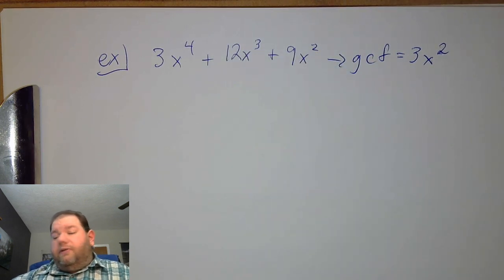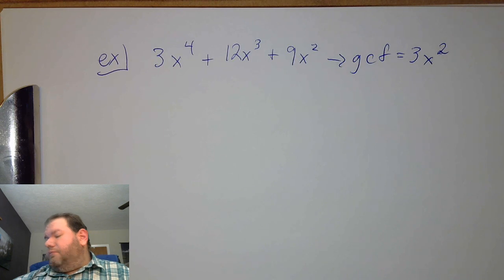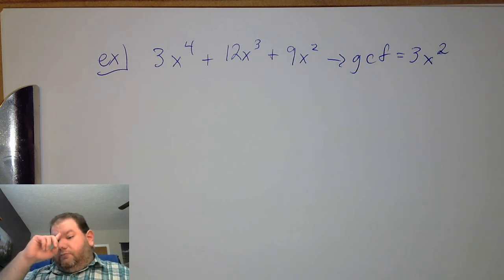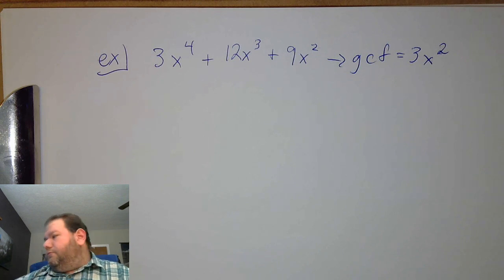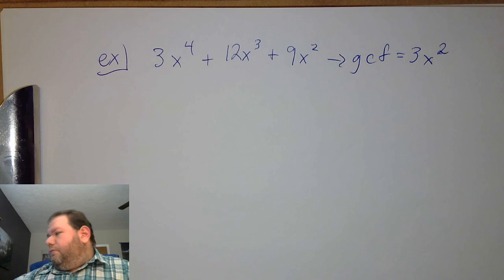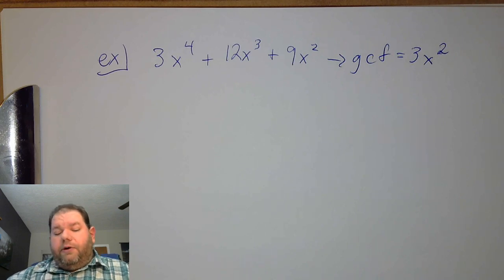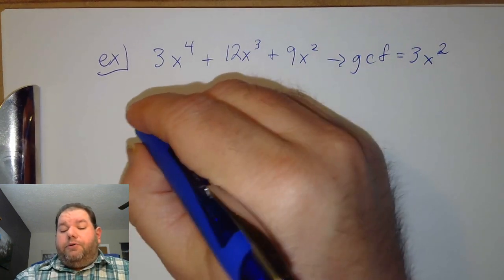So we'll use x to the 2nd. Okay. So we need to take a 3x squared out of everything before we do anything else.